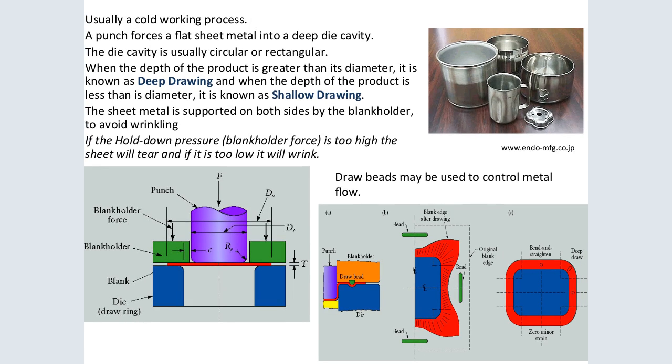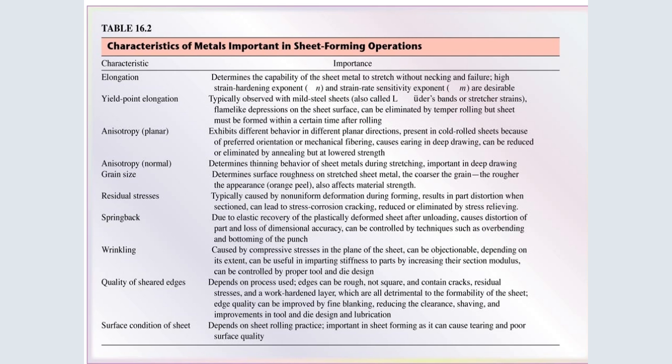You can see the punch is there, the blank holder force is there, the blank holder is there, the blank itself, the die, and the drawing ring, to be able to form the shapes and surfaces that we need from the metal forming processes.